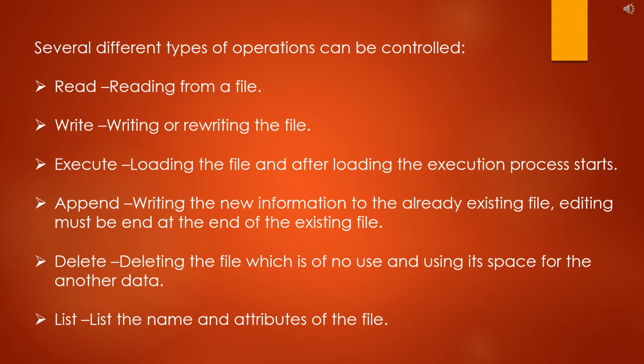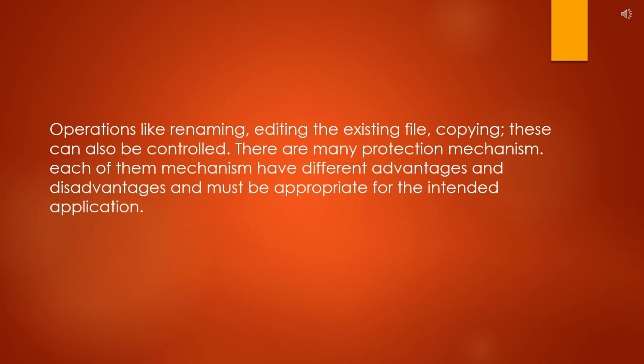Deleting a file which is of no use and using its space for other data. Listing the name and attributes of the file. Operations like renaming, editing the existing file, and copying can also be controlled.